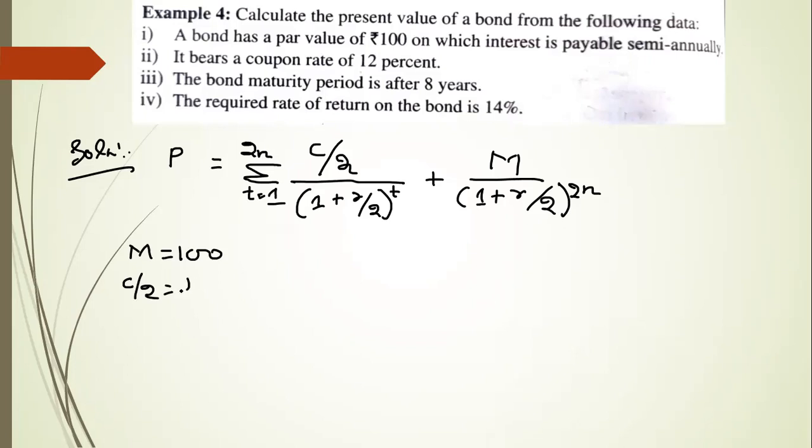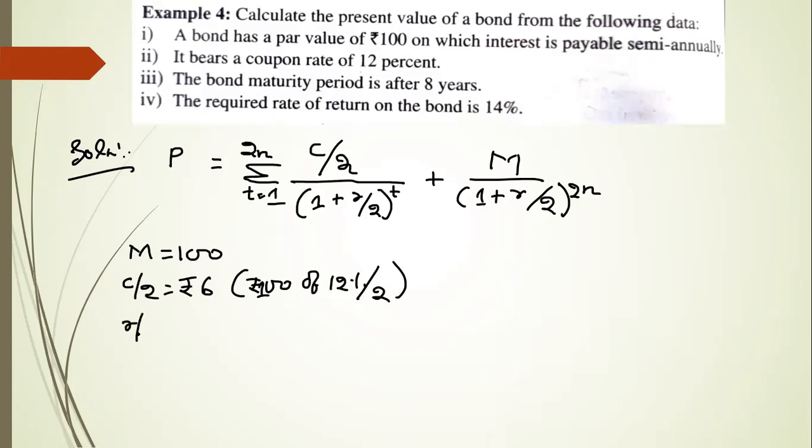So C bar is equal to rupees 6. The reason is rupees 100 is the value of the bond and of 12%. If it is divided by 2, we get rupees 6. So interest is 12, divided by 2, we get 6 rupees, that is C bar 2.